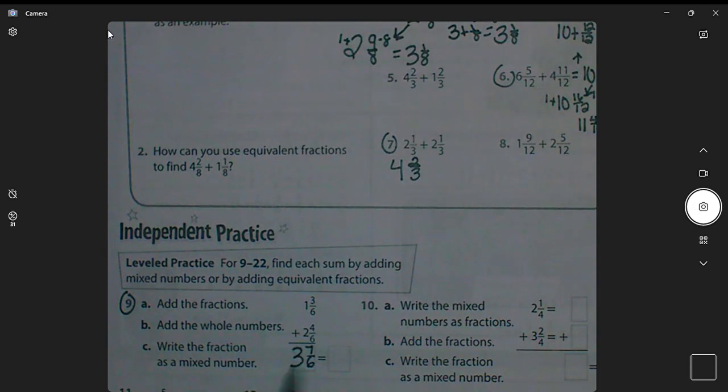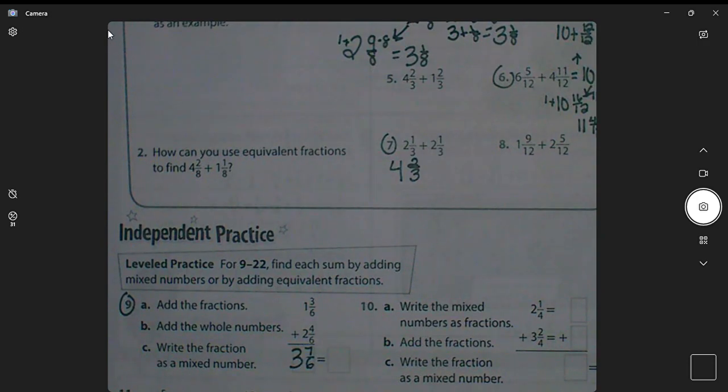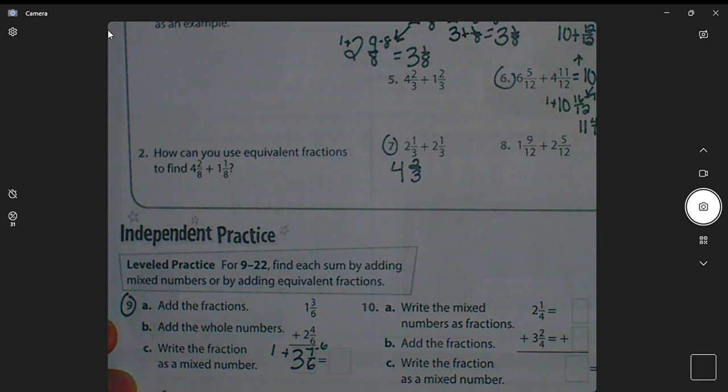Can I leave it this way? No, I have to change it. Do I have enough to take one whole out of my numerator? Yeah, I do. So I'm going to say minus 6, and then where I'm taking away a whole, I have to add a whole. 1 plus 3 is 4. Good job.